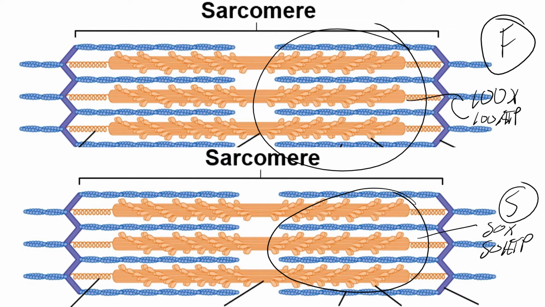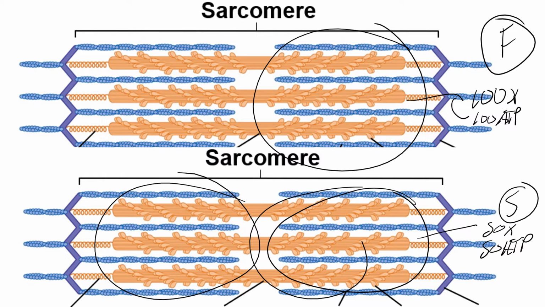Why? Because in the slow twitch muscle fiber, all those myosin heads that you're looking at, they can only cycle 50 times over the course of a second, and thus each one of them can only consume approximately 50 ATP over the course of a second. So yeah, the slow twitch muscle fiber will shorten slower, right?